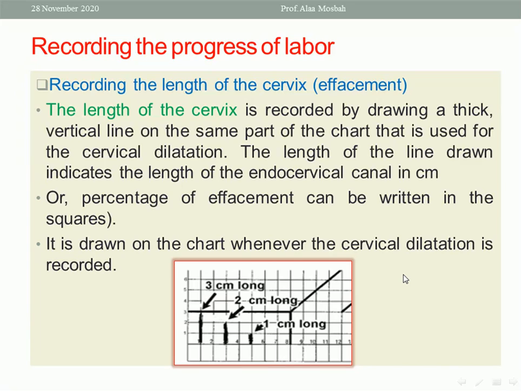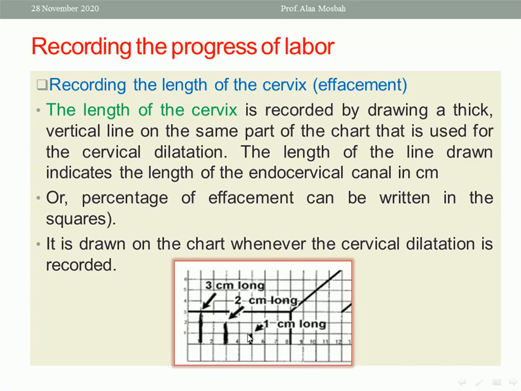So if we wanted to record the effacement, we can do it on the partogram by drawing a line at 3 centimeters according to the length of the cervix. We said 3 centimeters, so 3 squares here, or 2 centimeters, 2 squares here, or 1 centimeter, 1 square here.